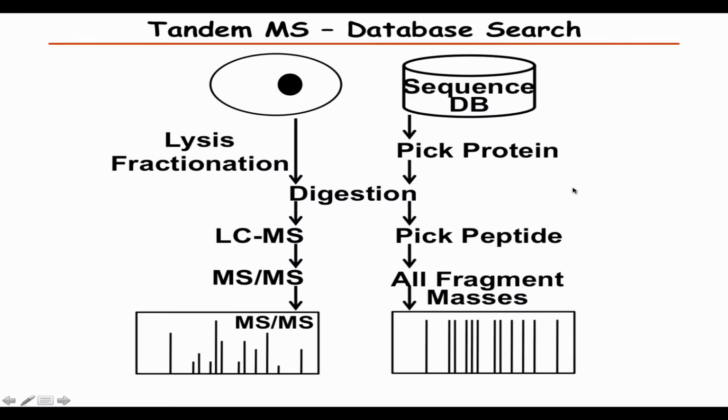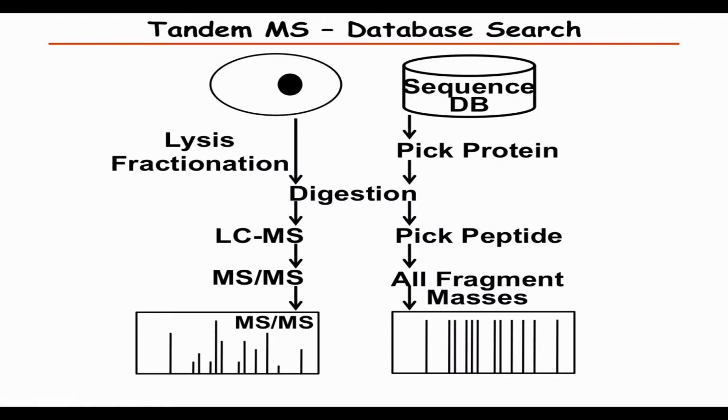So then in the computer we have a sequence database. And of course, we should construct this sequence database so that it contains all the relevant sequences and nothing else. That would be ideal.